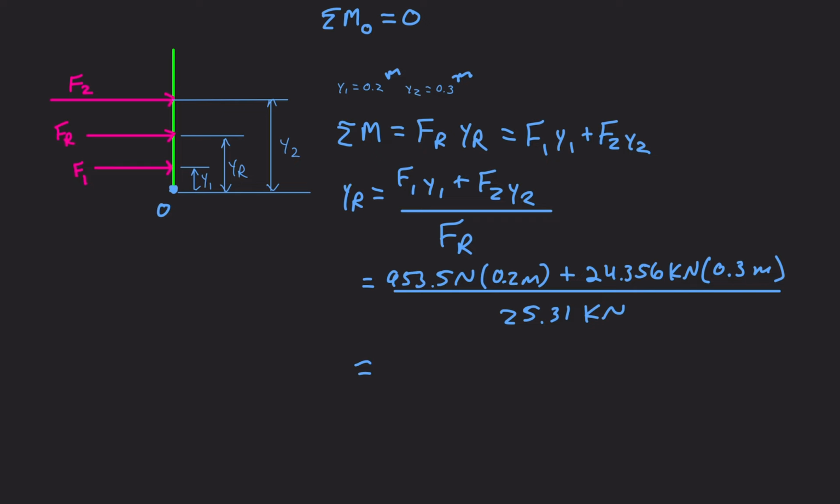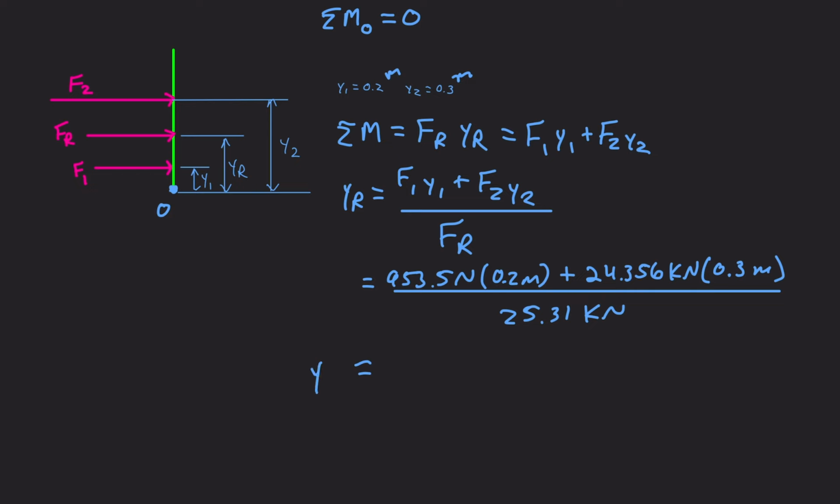And we're going to get, let's see, 0.9535 kilonewtons times 0.2 plus 24.356 times 0.3 divided by 25.31.